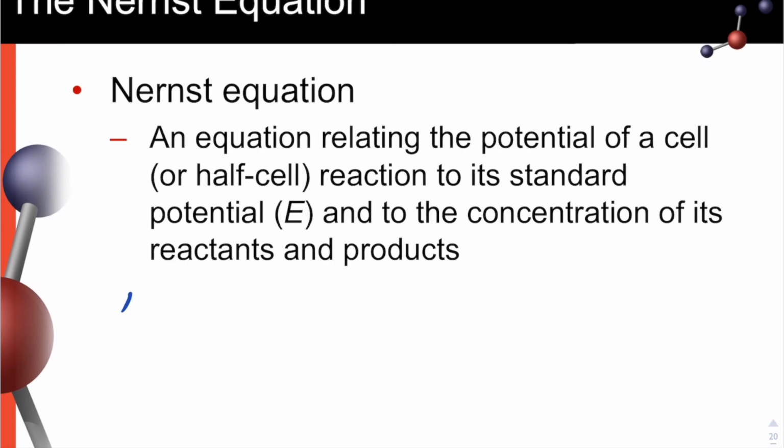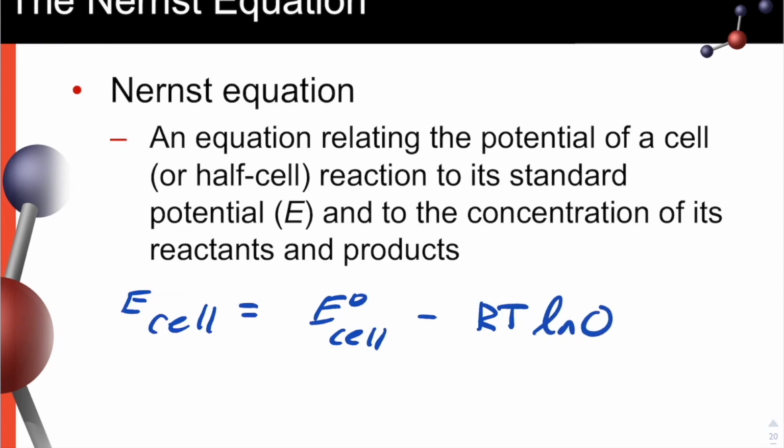So we have the E of the cell is equal to the standard E naught of the cell minus RT ln, natural log, of Q over NF. Look a little familiar? Delta G equals delta G naught plus RT ln of Q, right?